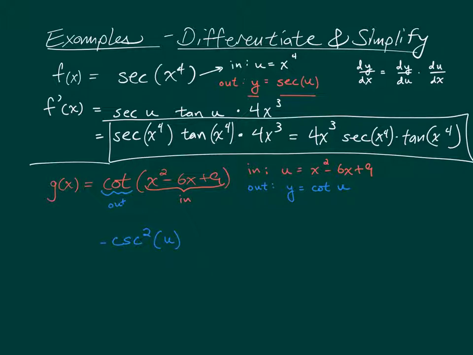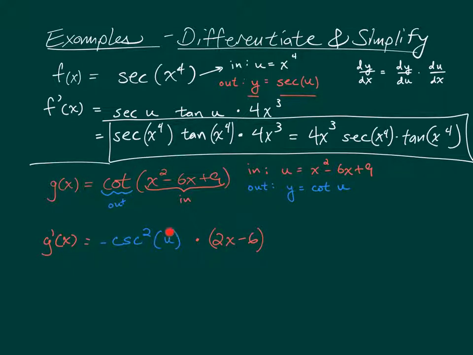And to that, again, looking up here, we're going to multiply the derivative of u with respect to x. So if we take the derivative of this function over here, we will end up getting 2x minus 6. But again, this is equal to g prime of x.